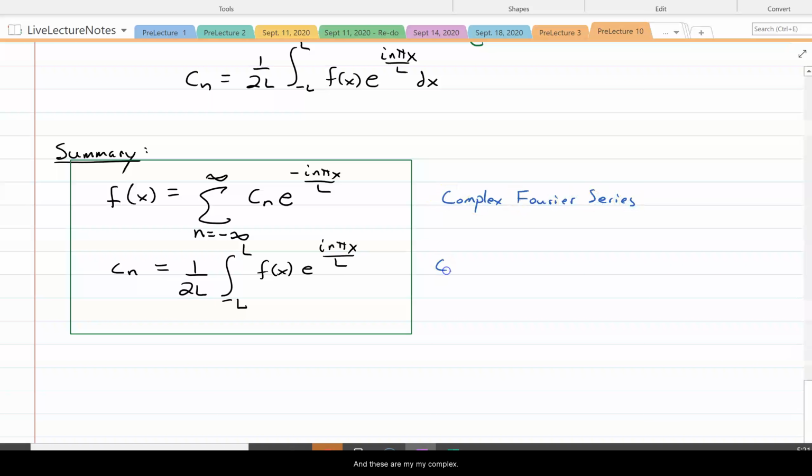And these are my complex Fourier coefficients.